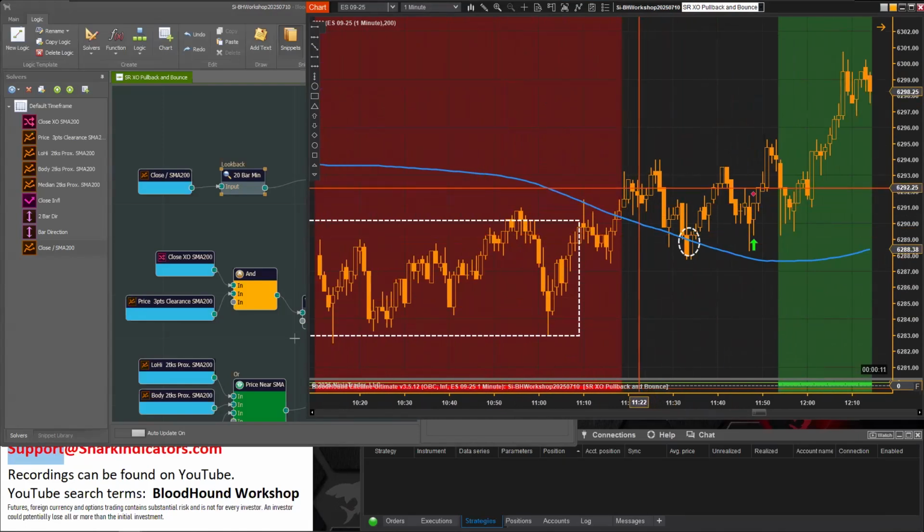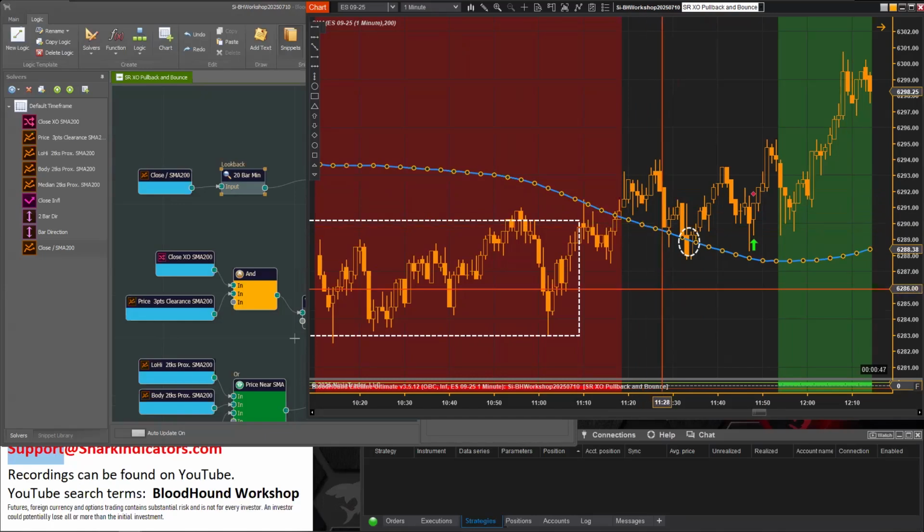And look, all this choppiness has been cut out. So that means that this signal here will get eliminated because the market has not been on one side of the SMA for a minimum of 20 bars.